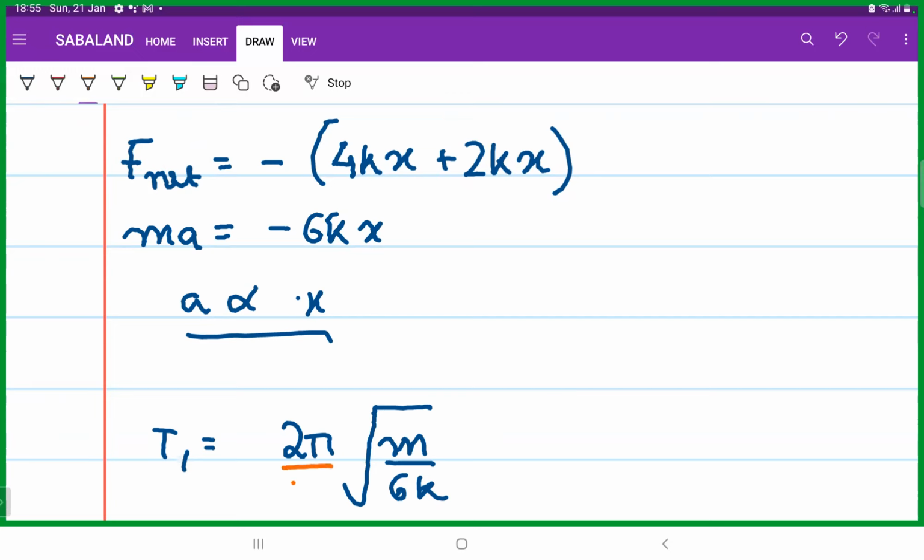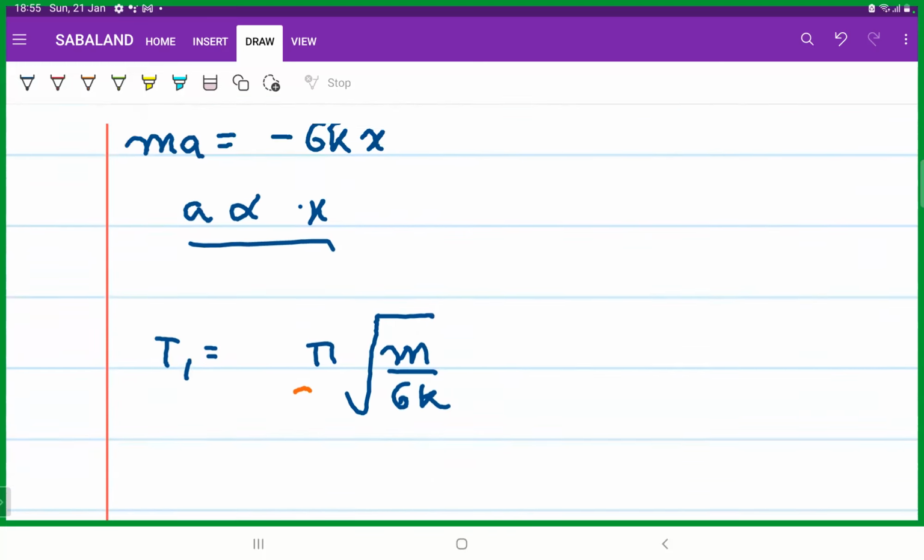It will be divided by 2 because 2 pi means the entire circle, right? It indicates the entire cycle of that SHM. Right now, this particular block has only covered one half of it, so it will be 2 pi by 2. Okay, so it will be pi times root of m divided by 6k.